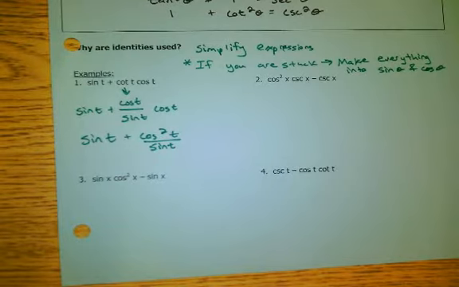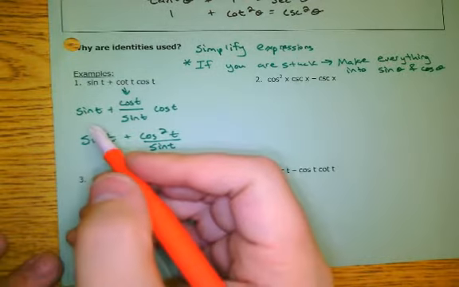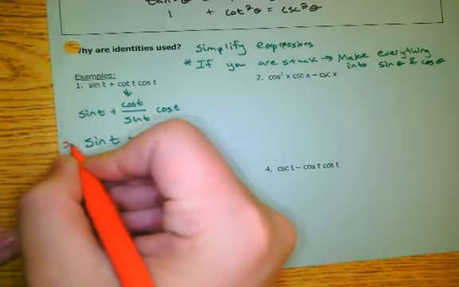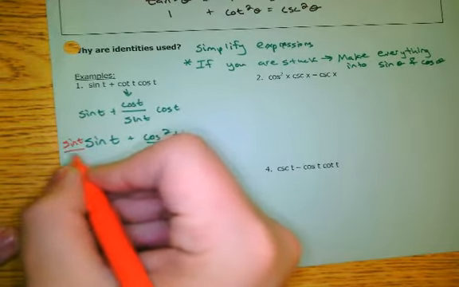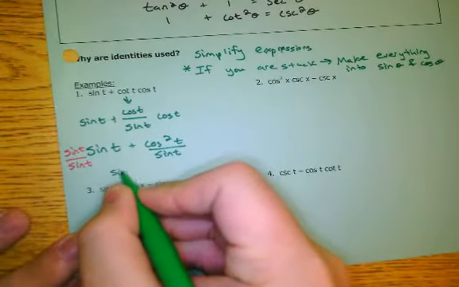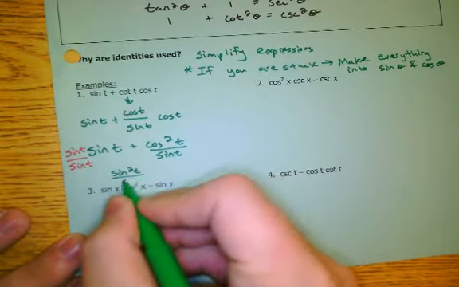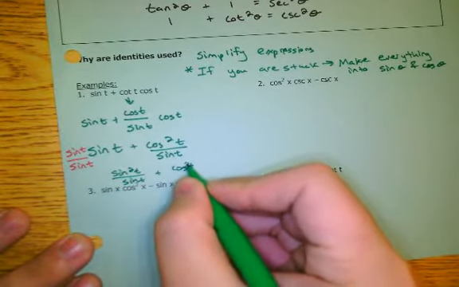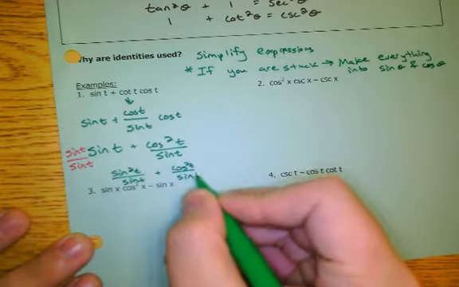Get common denominators, which means you have to multiply the left one by sine t over sine t. So when you do that, you're going to get sine squared t over sine t plus cosine squared t over sine t.